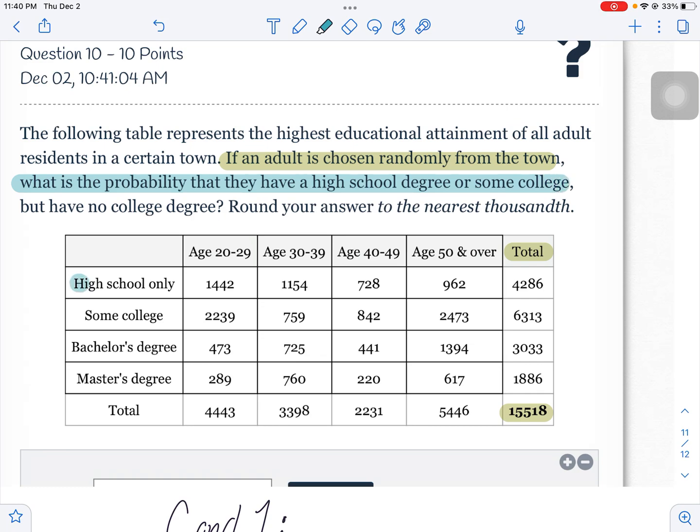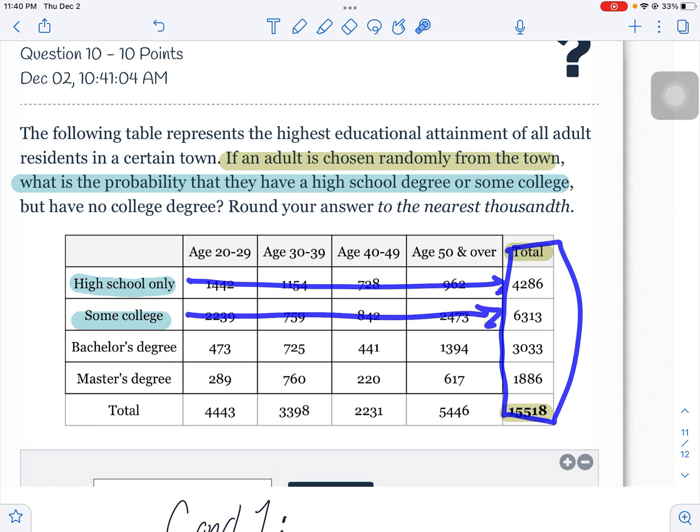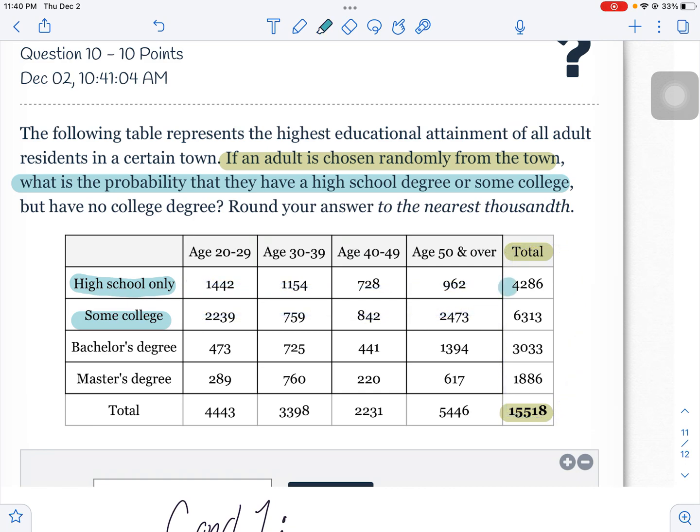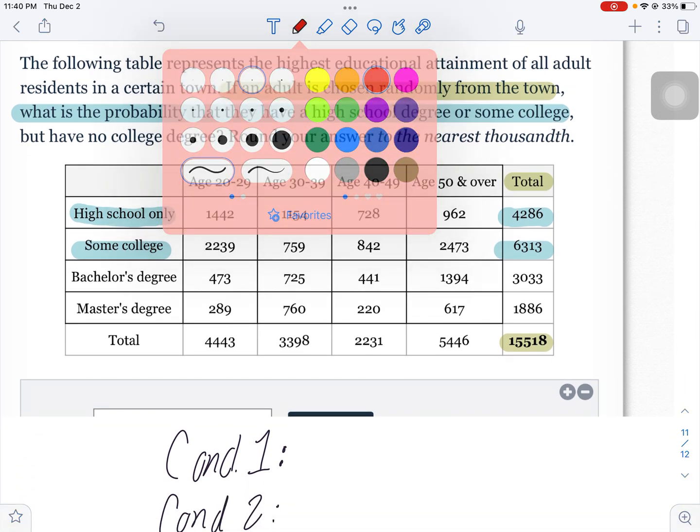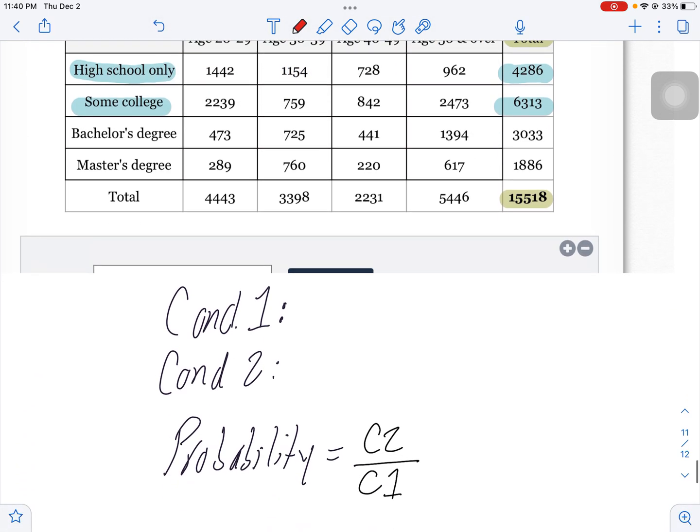A high school only or some college. Well, from this box here is 4286 and 6313.